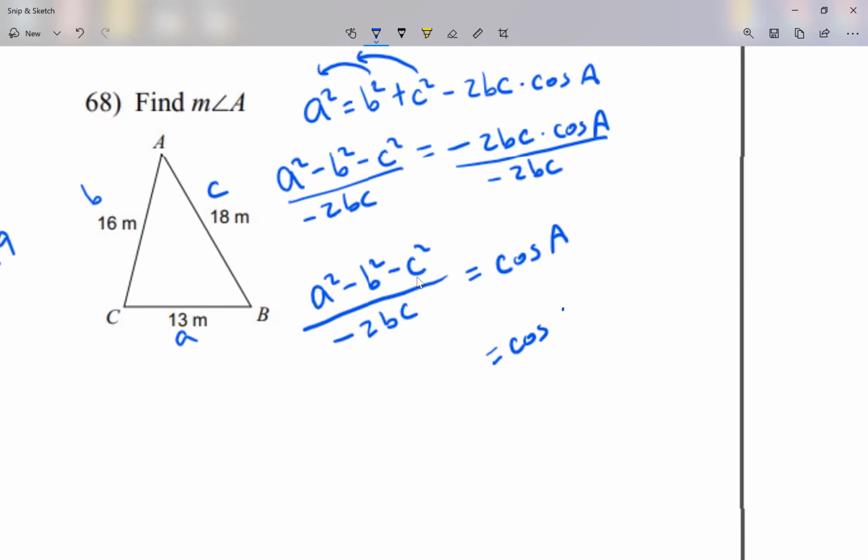Okay. I'm just going to type it in. I know A is 13. I know B is 16. I know C is 18. So let me grab my calculator here.